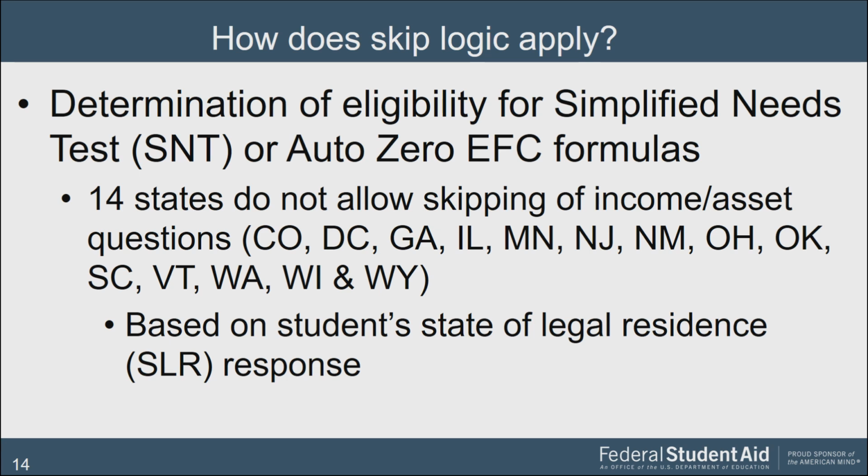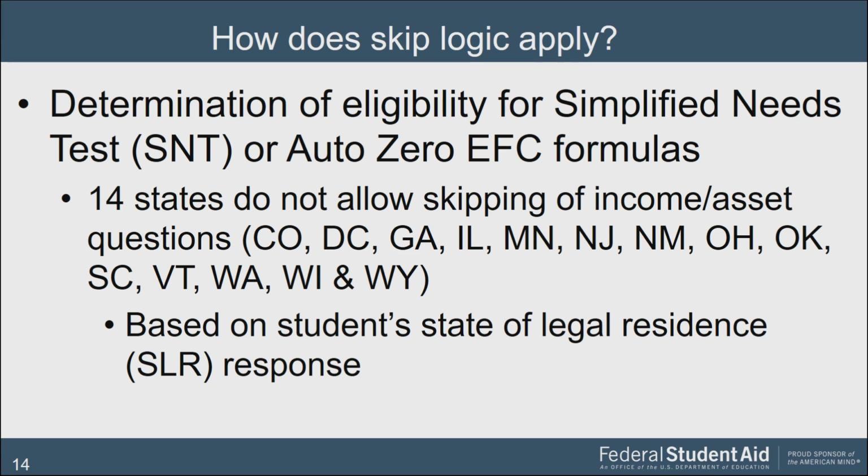But I want to point out on this slide first that if somebody is eligible for the simplified needs test or the automatic zero EFC, then the CPS is calculating their EFC based on very specific information and ignoring other information.